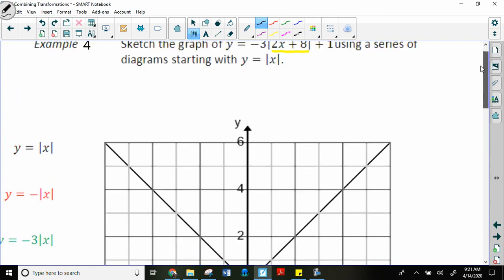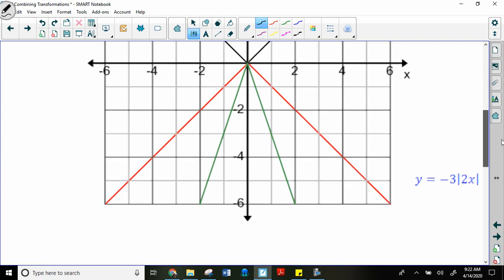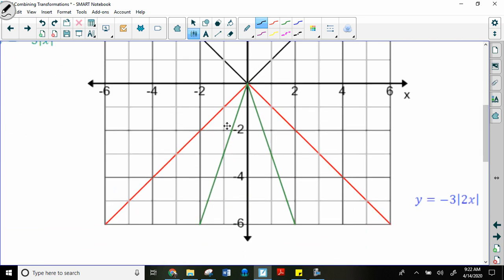Okay. So then we are inside the function. This 2 is horizontal inside the function. We do the opposite. So instead of multiplying by 2, we're going to multiply by 1 over k, which is 1 over 2. So that only happens to the x values. That means that this x value of -1 is going to get multiplied by a half.